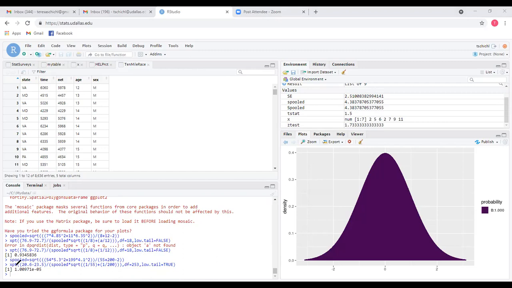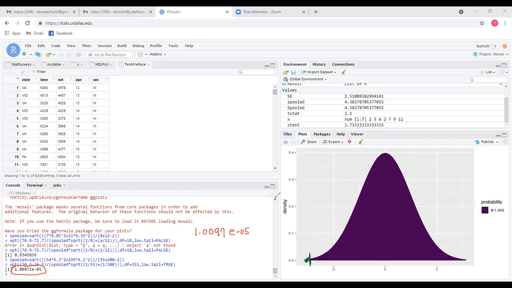They give you the tail value, right? So this tail value is 1.0097 e to the negative 5. Then you say, hey, this is different from the TI-84. Correct, this is different. The reason is that this is the one tail they give you. It's very, very small, right?